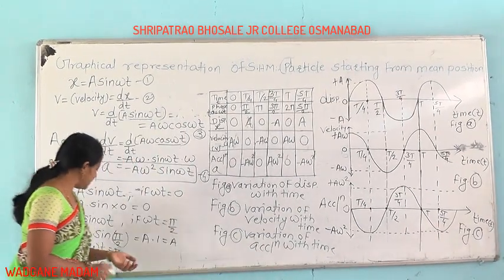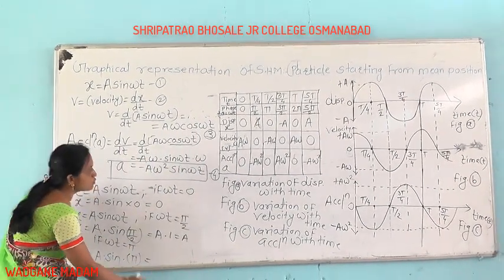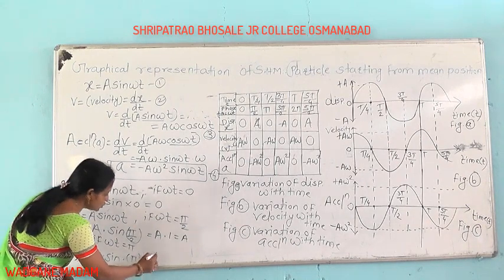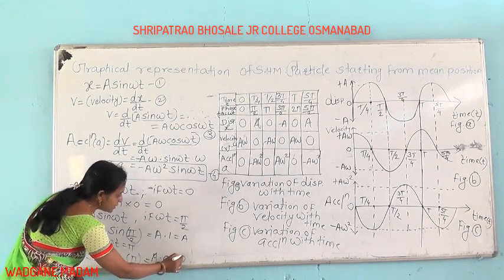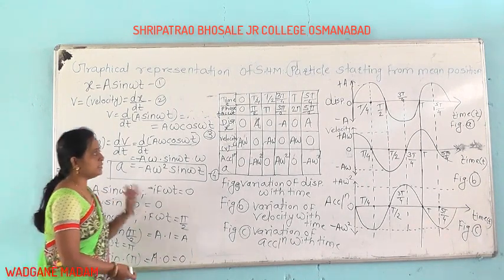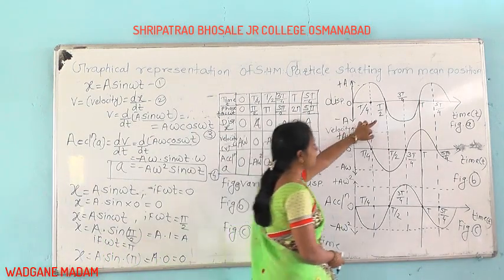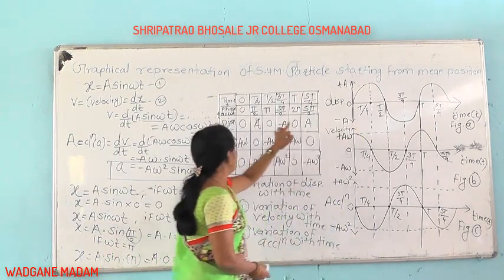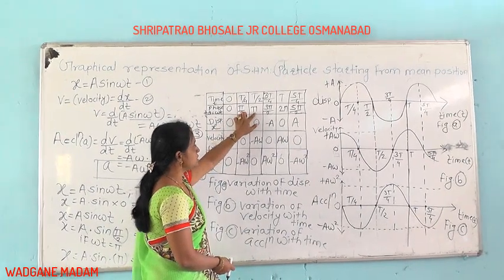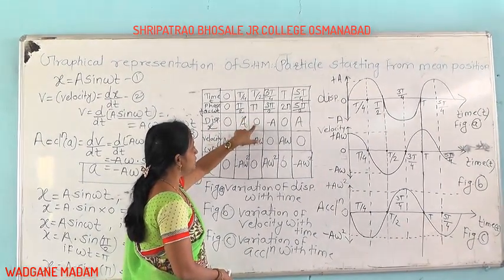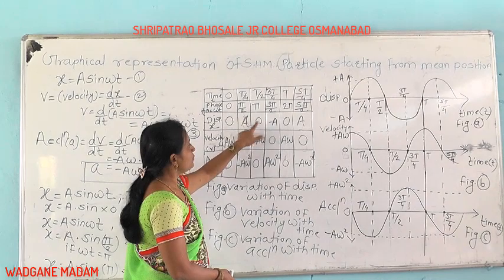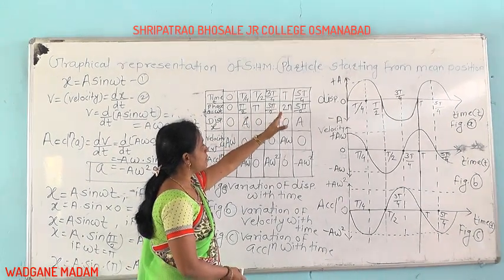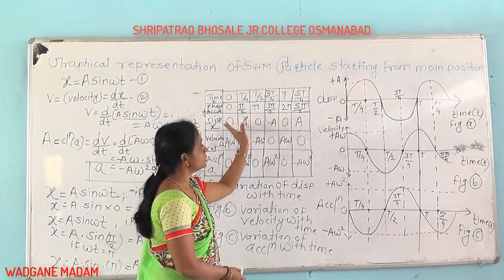Therefore, x is equal to a into 0, that is 0. Therefore, at the time interval T by 2, the displacement at the phase pi becomes 0.